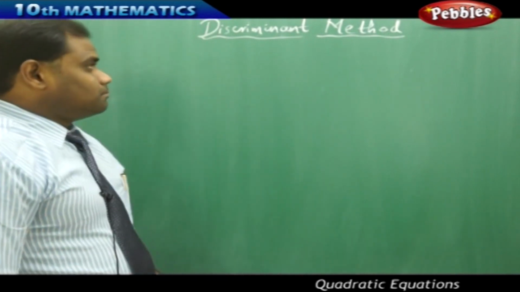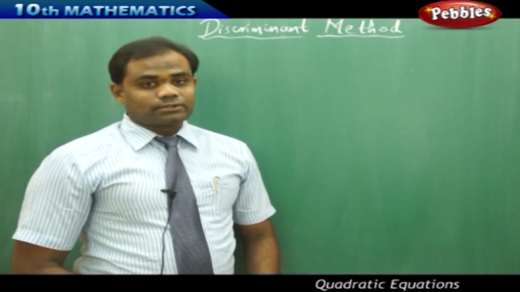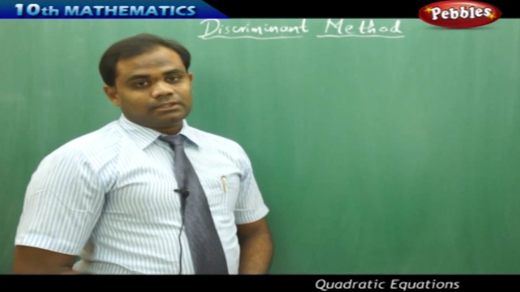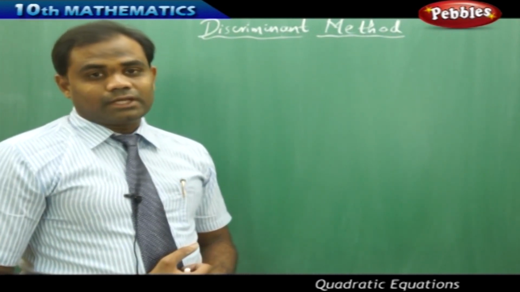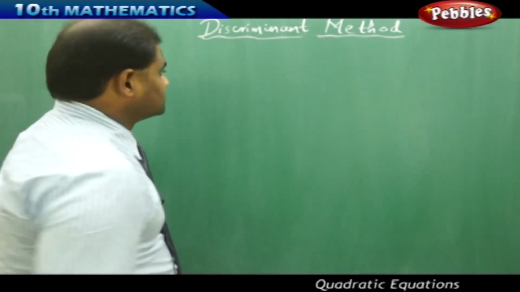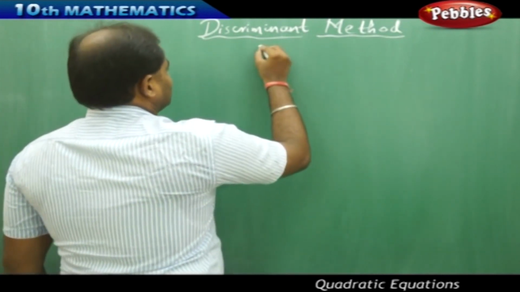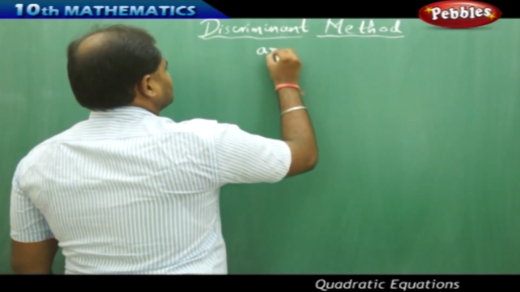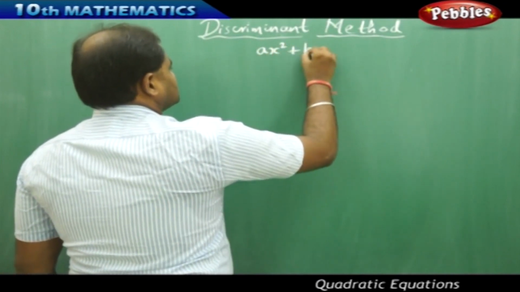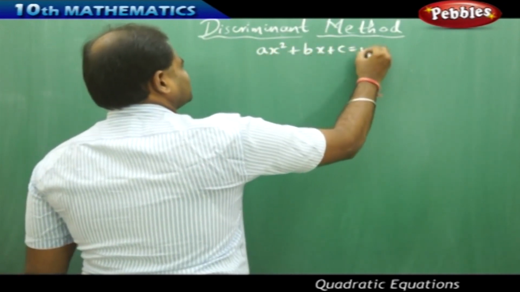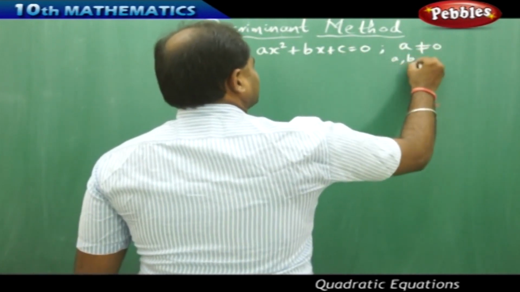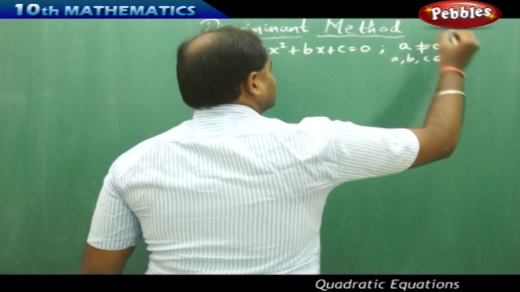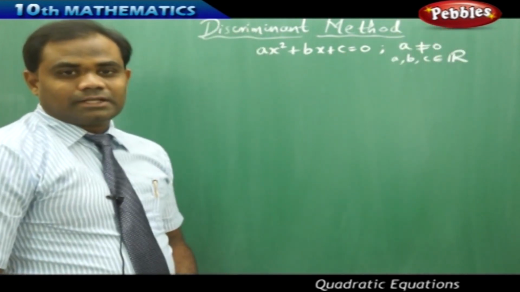It is done with the use of a formula which we are going to see in the discriminant method. Say I take the general or standard quadratic equation ax squared plus bx plus c. If my quadratic equation is ax squared plus bx plus c equal to 0 with a not equal to 0, and a, b, c are all real numbers, then it has two roots.